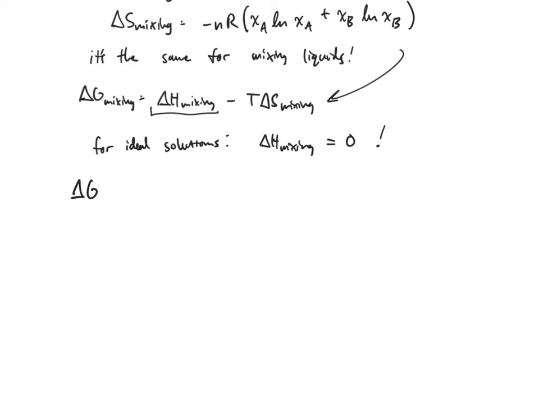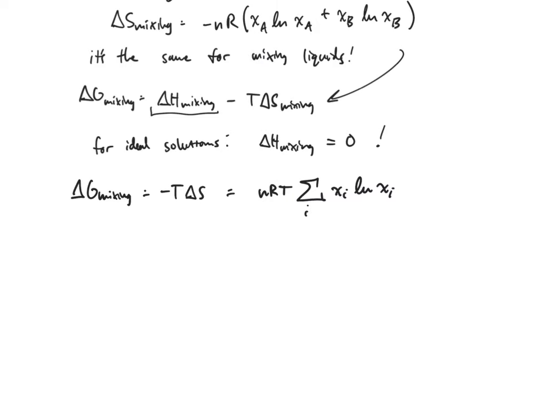So that's real convenient for our Gibbs free energy of mixing. Then it just equals negative T delta S. So that's just nRT, and then the sum over all the components i, mole fraction of i, log mole fraction of i. Exactly the same as it was for ideal gases.